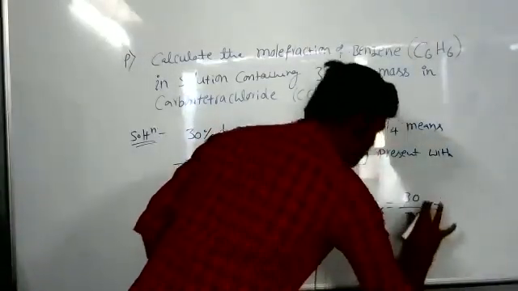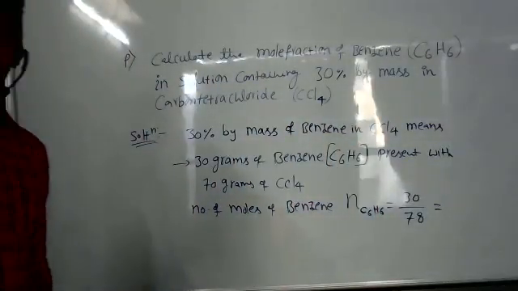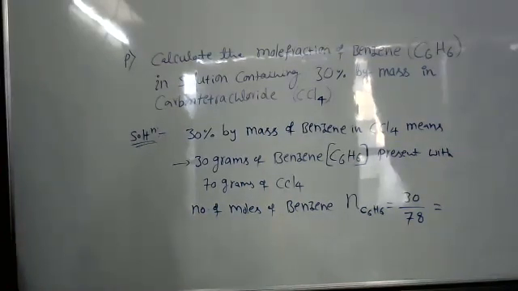Tell me number of moles, 30 by 78. Instead of simplifying the fraction, go through this method. 0.384.